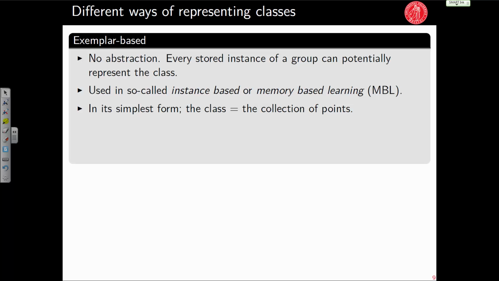There is no abstraction, so we don't compute anything. We just say all the vectors annotated as China documents are representative of our class, and this whole collection of points is what we call the class. This kind of representation is used in instance-based learning or memory-based learning, and KNN is an example of this.